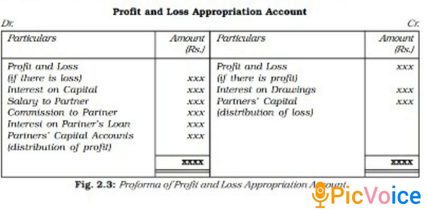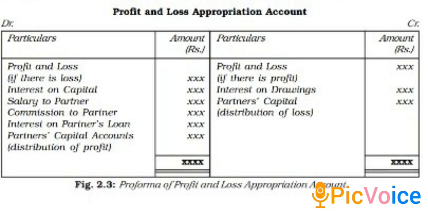Next, the reason why we have to record them oppositely. Keep in mind, the partner's capital account we prepare according to the partner's income and the partner's expenses. If partners get income, we record it on the credit side, and if partners get a loss, we record it on the debit side.